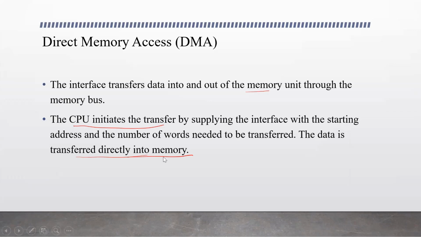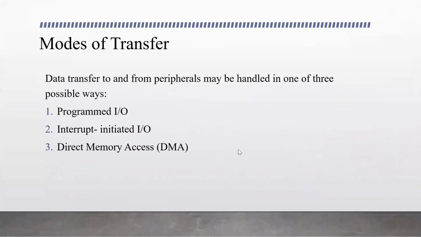We are now going to learn about all three modes of transfer: programmed IO, interrupt initiated IO, and direct memory access. Programmed IO is initiated by the instructions, which means the input output transfer is initiated by the instructions in the program.